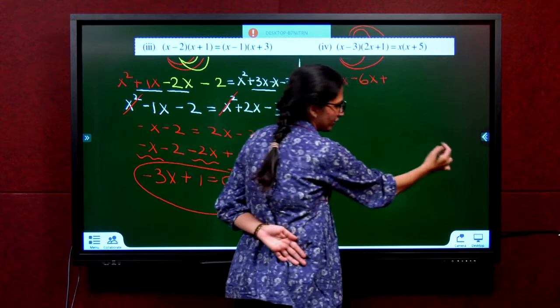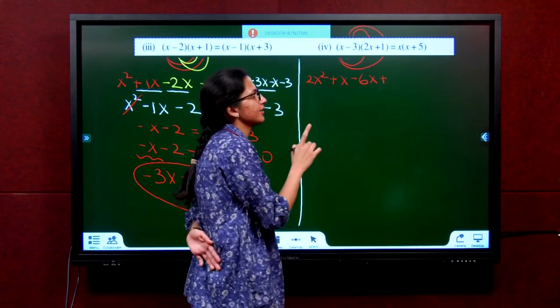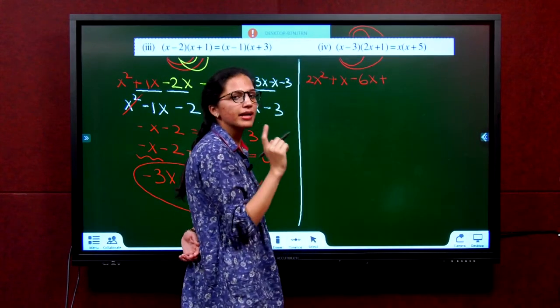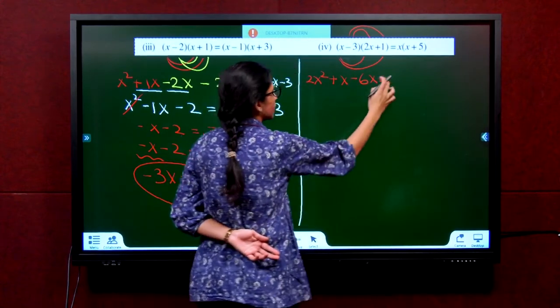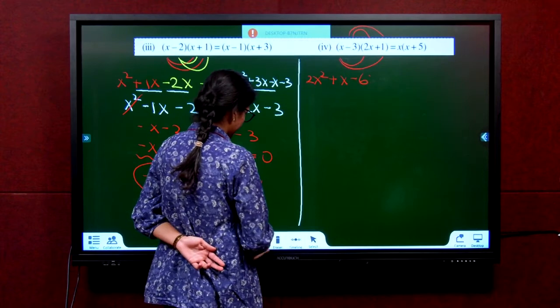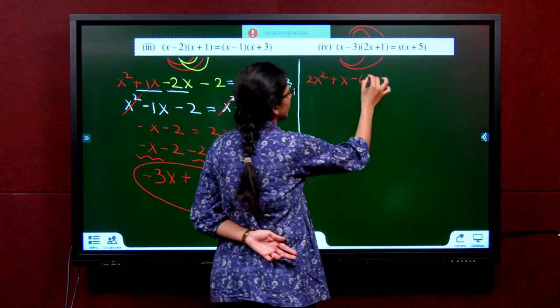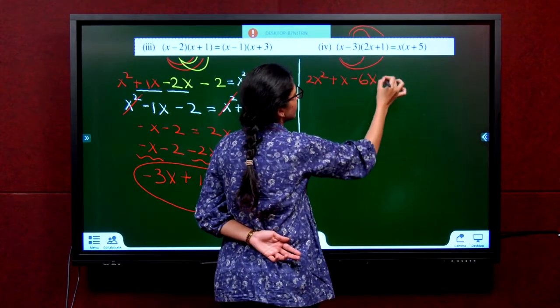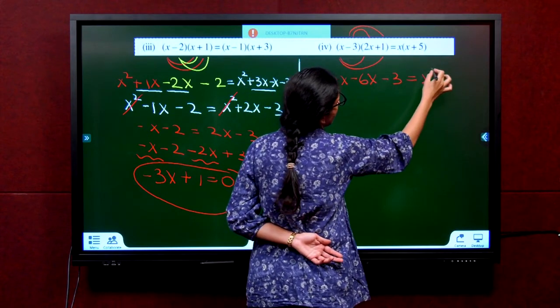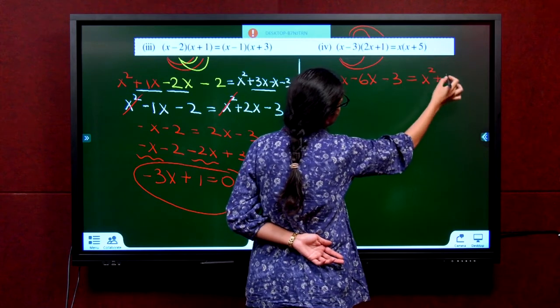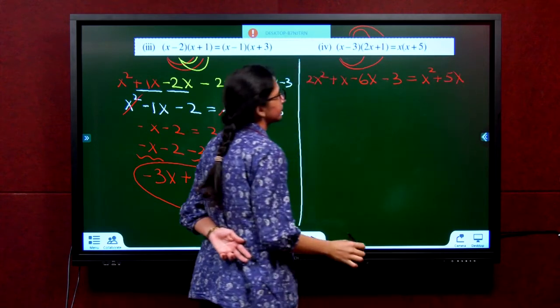I just gave it to you in a yellow box here. Go see. Minus 3 into plus 1. Minus into plus, minus. So you have to remove this. It's not plus, it is minus. So what happens here? Minus 3 into plus 1, minus 3 is equal to x into x, x square, plus x into 5, 5x.